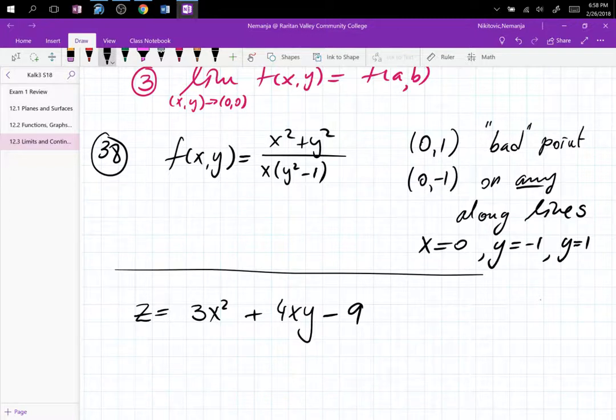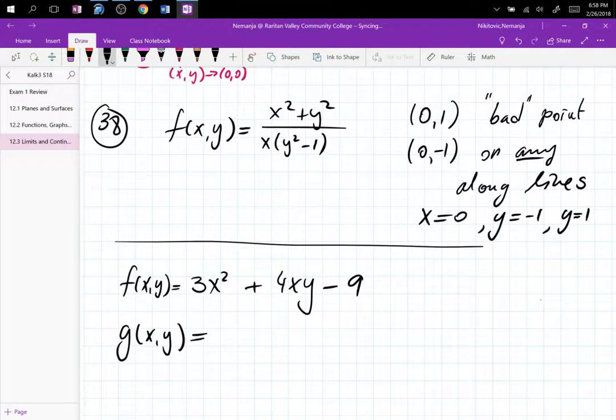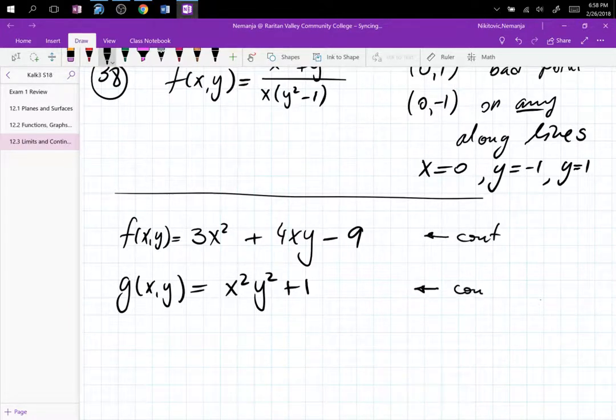So let's say that this is your, instead of z, let me put f of x, y, and let me come up with the g of x, y as I said, x squared y squared plus 1. So I would say this one continuous, this one continuous, and then f plus g also continuous.